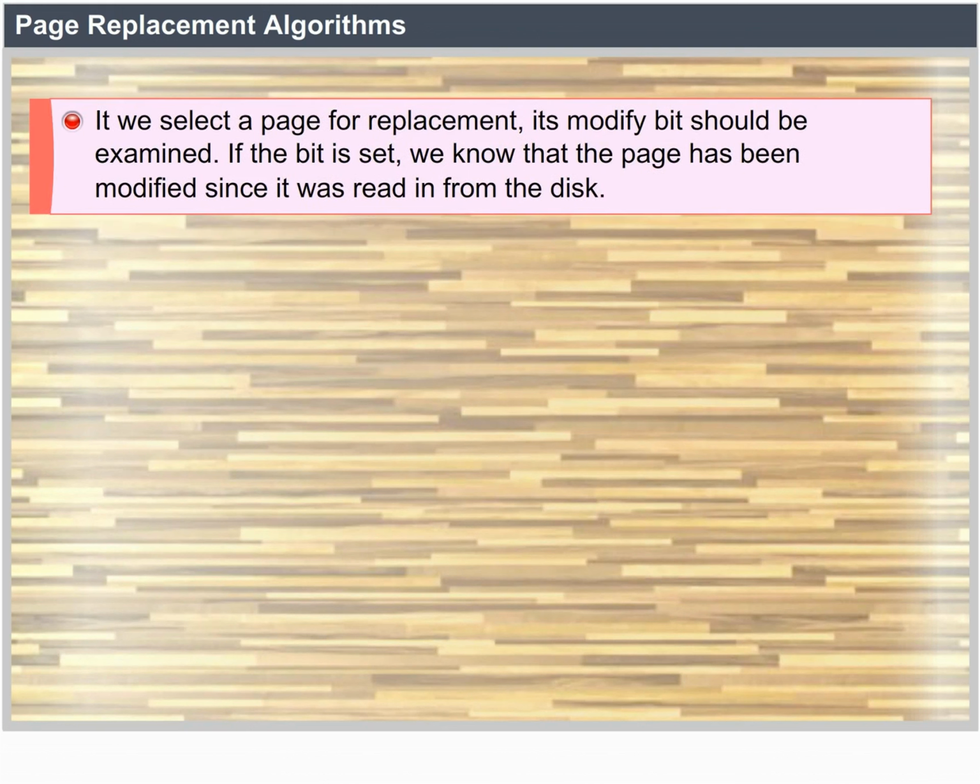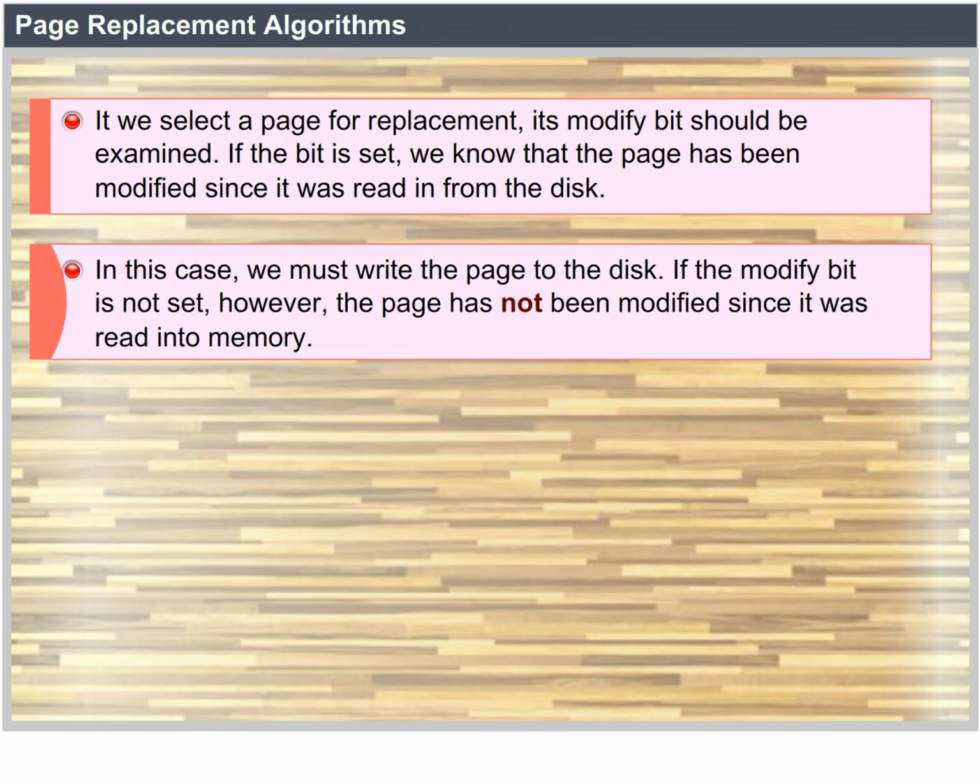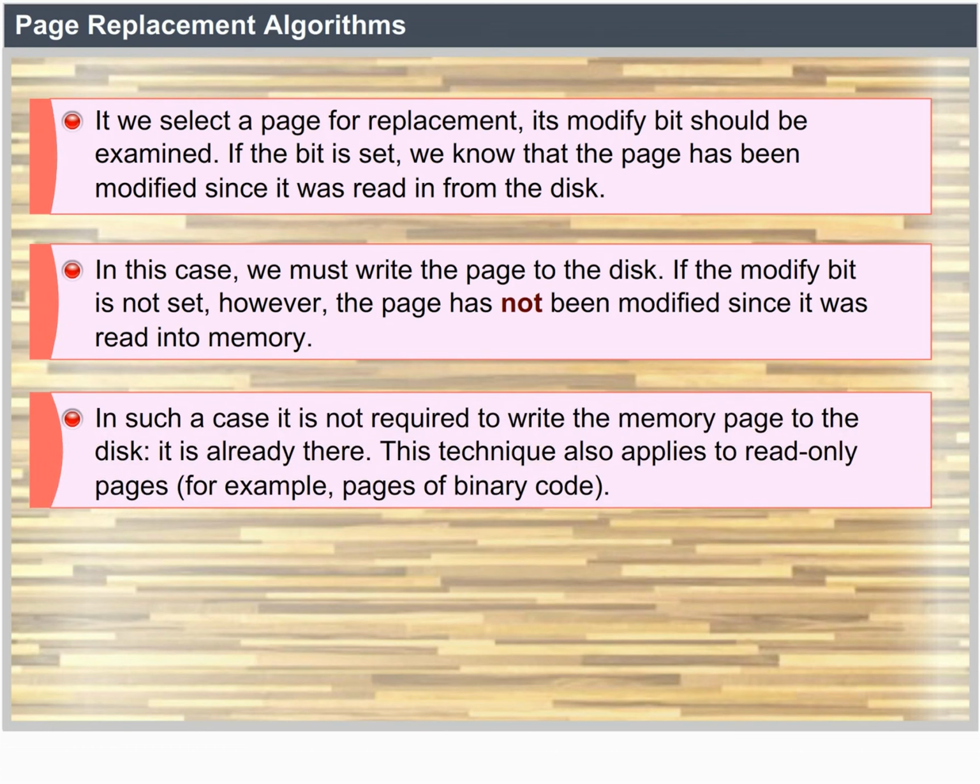When we select a page for replacement, we examine its modify bit. If the bit is set, we know that the page has been modified since it was read in from the disk. In this case, we must write the page to the disk. If the modify bit is not set, however, the page has not been modified since it was read into memory. In this case, we need not write the memory page to the disk.